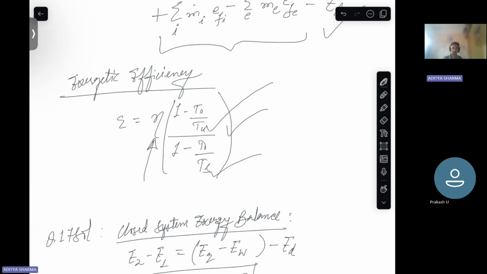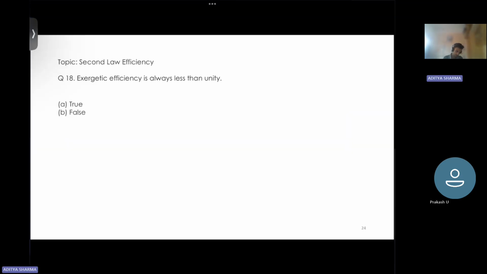Let's say there is no heat ejection out of the system, or heat dissipation or heat loss. Even in that case, the reference says that it remains less than one, right? So this is a true statement. Okay, moving on to the next question.